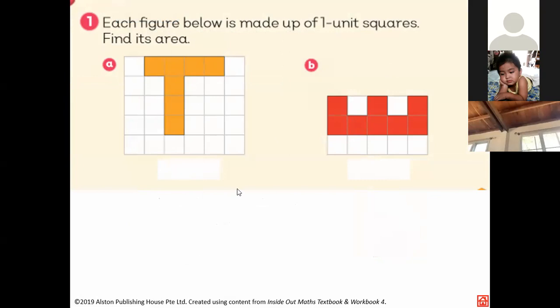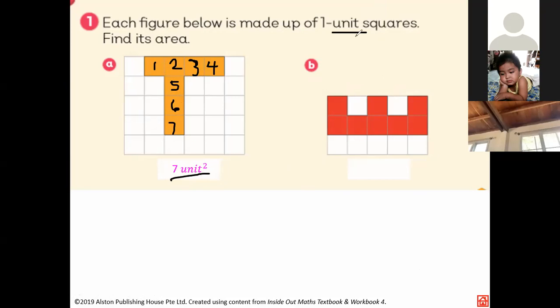Letter A is 7. 7 unit squared. Don't forget the unit squared. So 1, 2, 3, 4, 5, 6, and 7. Don't forget the unit, okay? Unit squared.